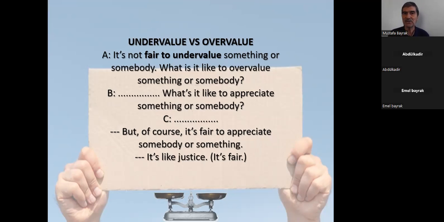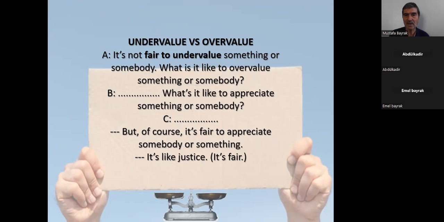What's it like to appreciate something or somebody? Yes, this is the justice. This is the harmony. This is the coherence. This is the consistency. Appreciating somebody is an ideal approach.